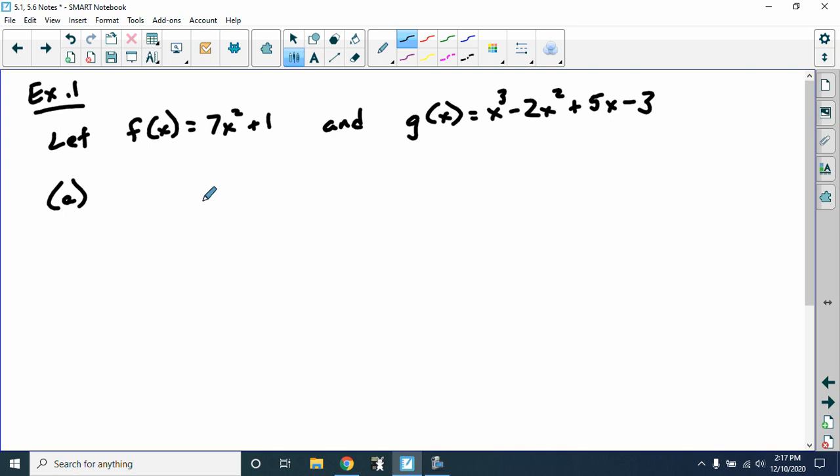And part A wants to know what is the degree of first f of x and then g of x. Degree, remember, is the highest power. In this case, the highest power is 2. So my degree here is 2. Highest power of x on g of x is 3.